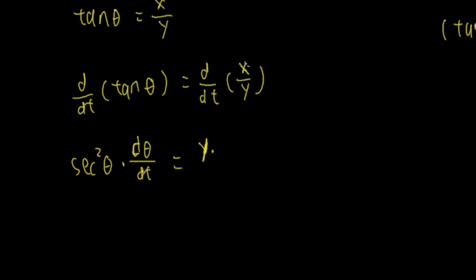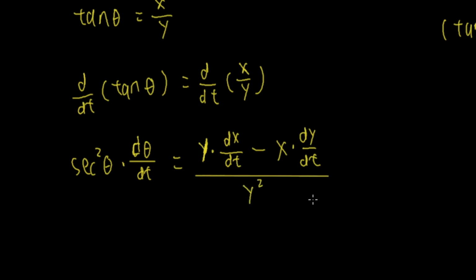The derivative of x with respect to t is dx over dt, minus the top function x times the derivative of the bottom function, which is dy over dt, divided by the bottom function squared, so y squared.